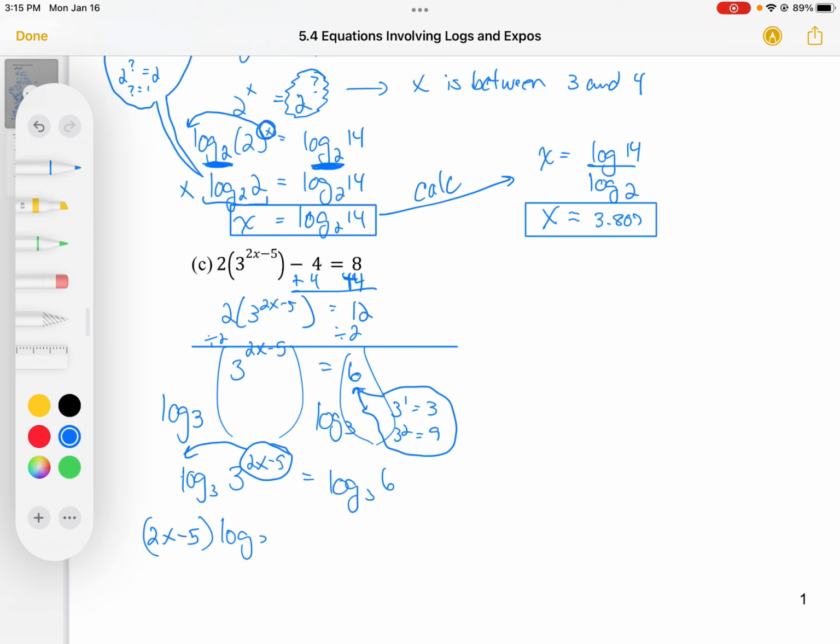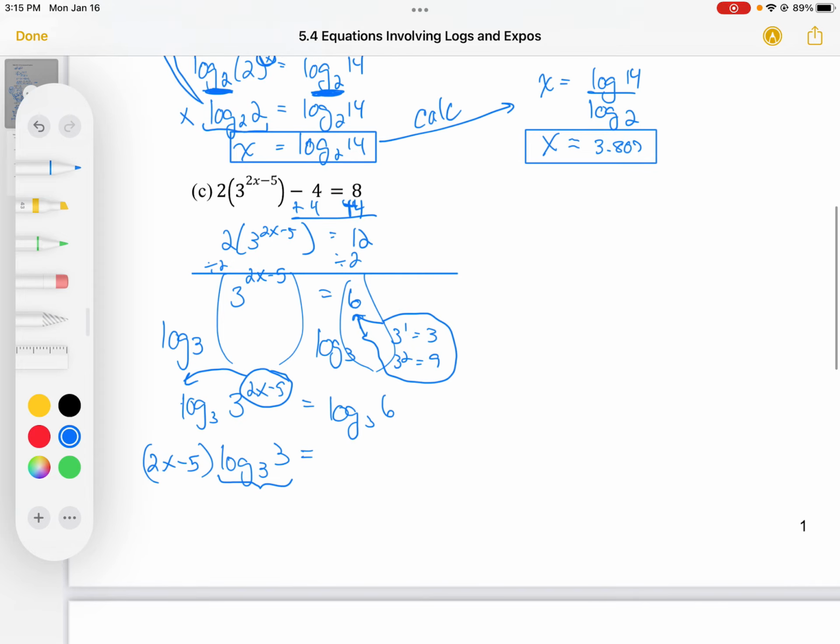And I'm left with log base 3 of 3, which I know is going to equal 1, and I'm just going to be left with 2x minus 5 times 1 on the left side. And the right side, I'm just kind of stuck for right now. Got log base 3 of 6 that's just coming along for the ride here.